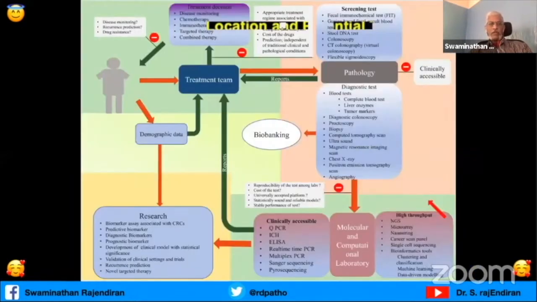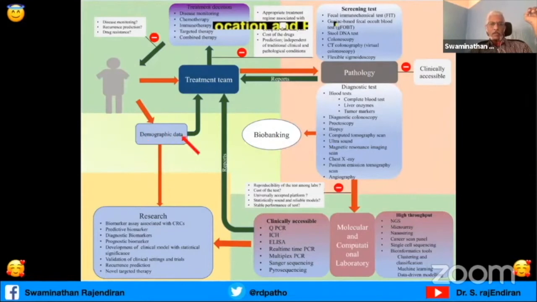This is the future. Whenever a patient comes, it's a treatment team made up of pathologists, molecular biologists, surgical and medical oncologists. And the role of pathology is very, very important. Screening, diagnostic tests, high throughput molecular and computational testing, maintaining the quality control in all of them, and biobanking the tissue.